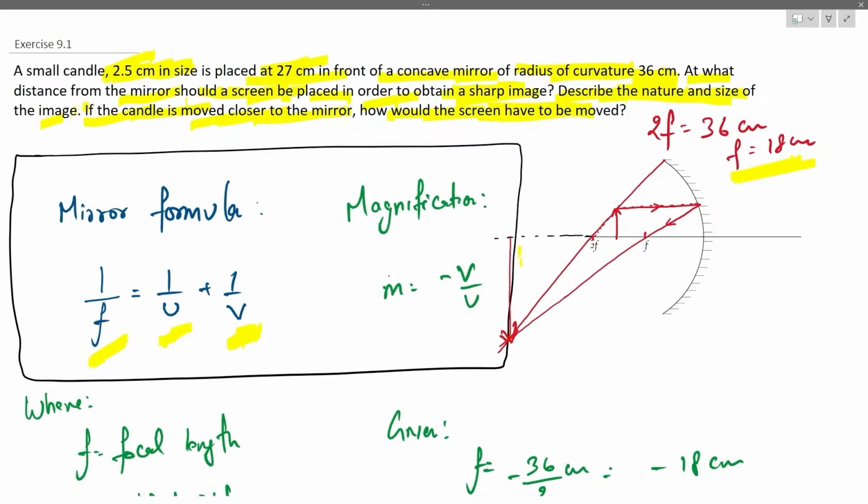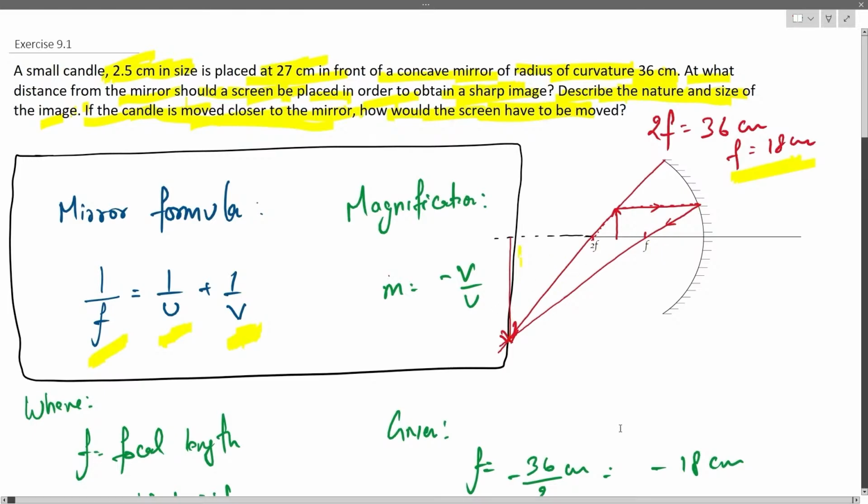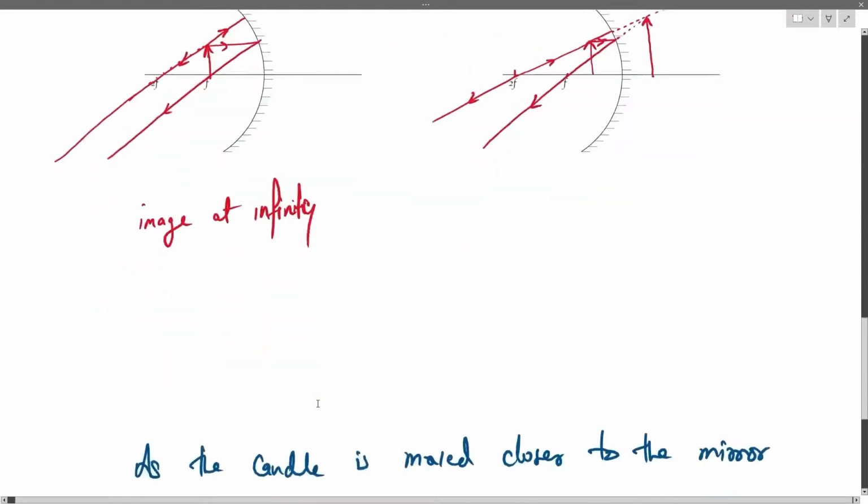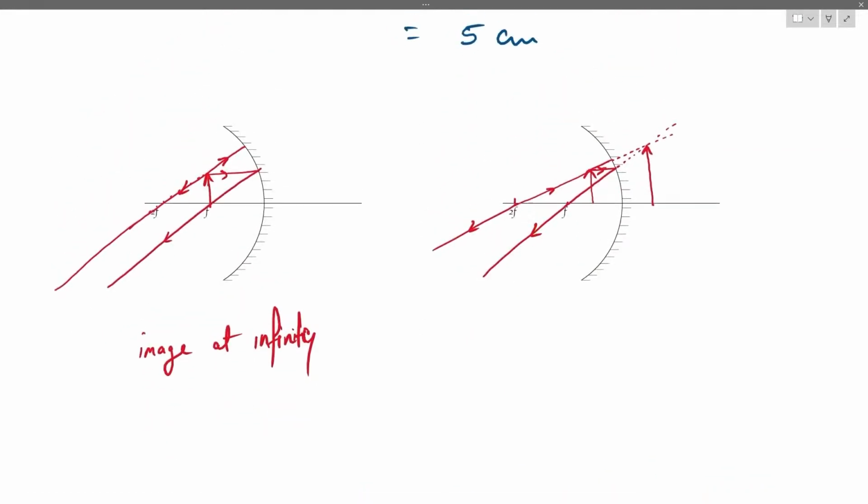Now we have to find out, if the candle is moved closer to the mirror, how would the screen have to be moved? That is, if the candle is approaching the focus and also approaching the pole, how would the position of the image change? Let us make the diagram over here. At first, we assume that the candle has been placed at the focus.